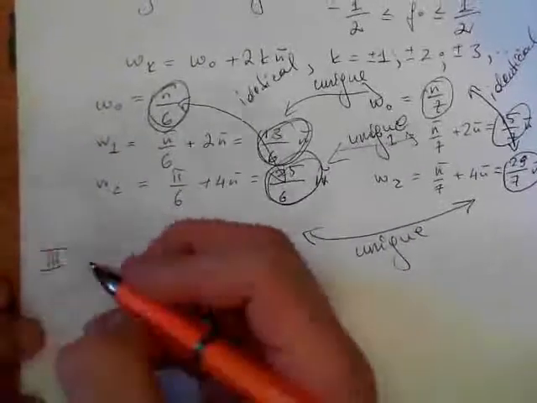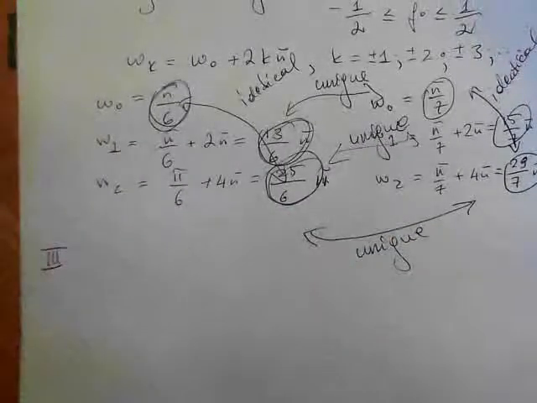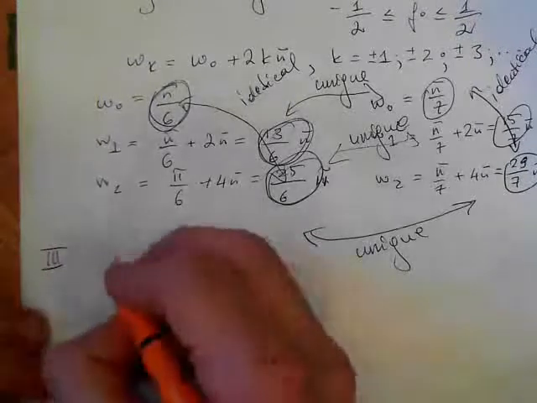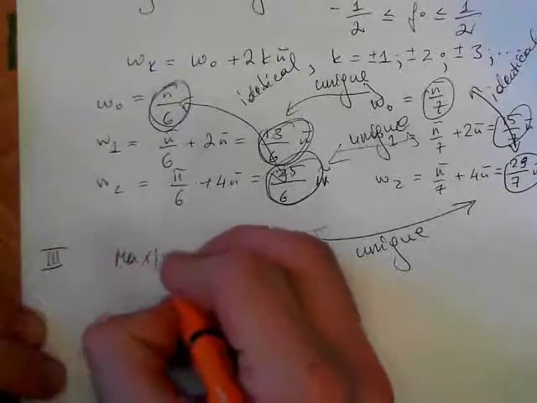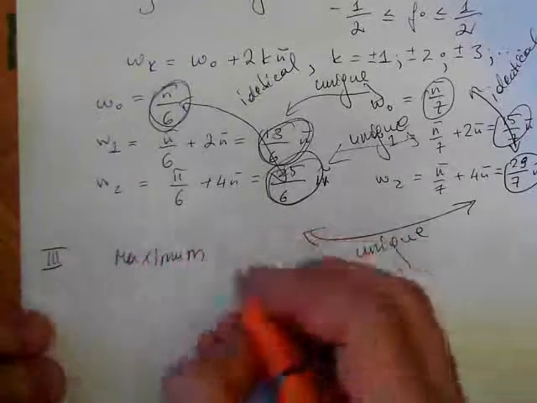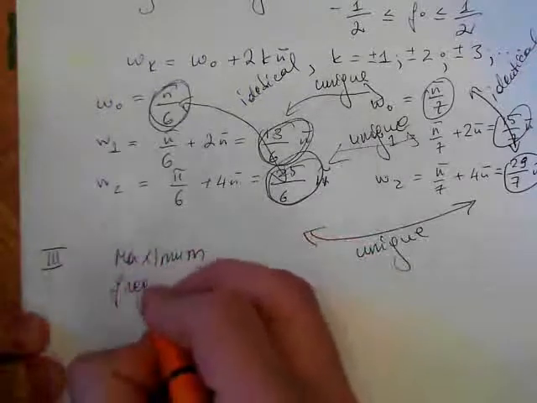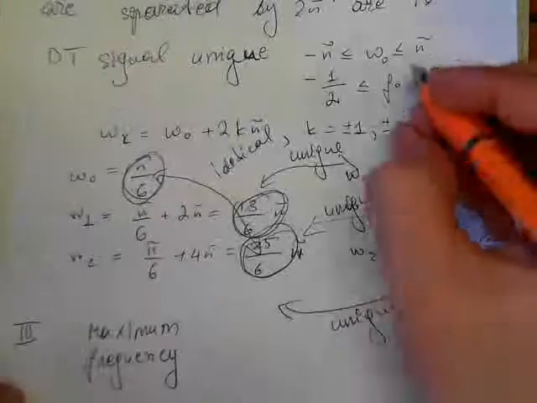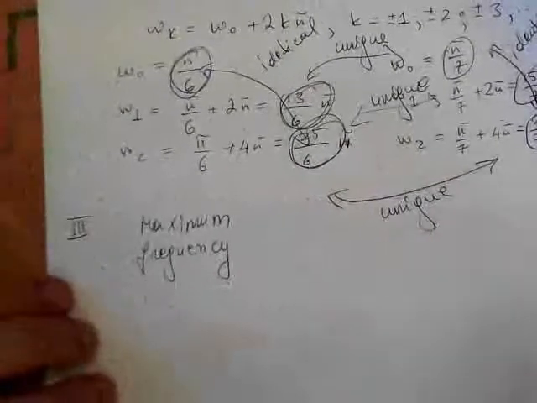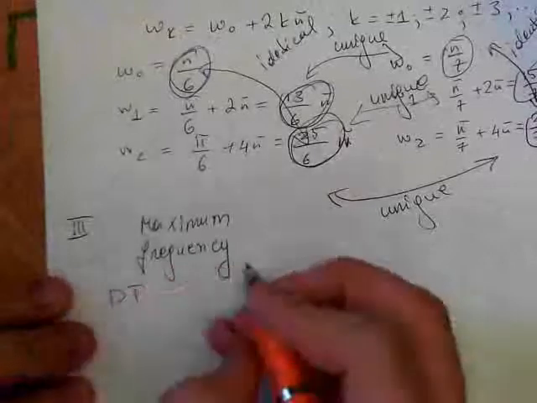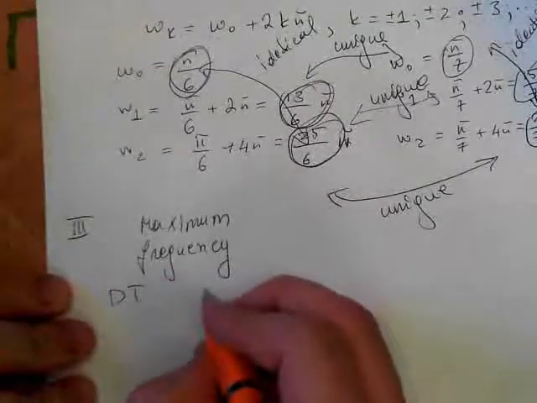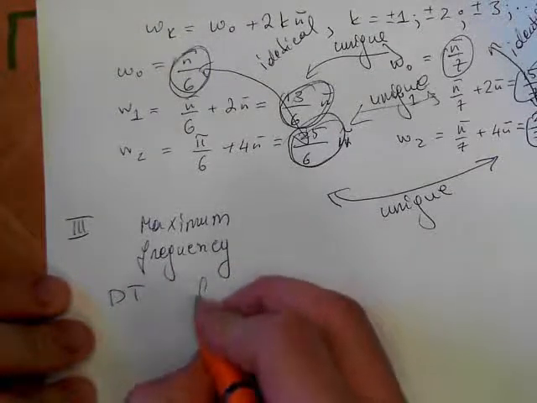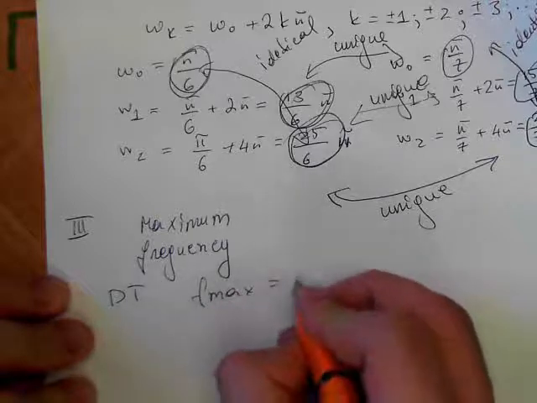The third property is considering the maximum frequency. As you can see from these, we need the maximum frequency in the discrete time world.